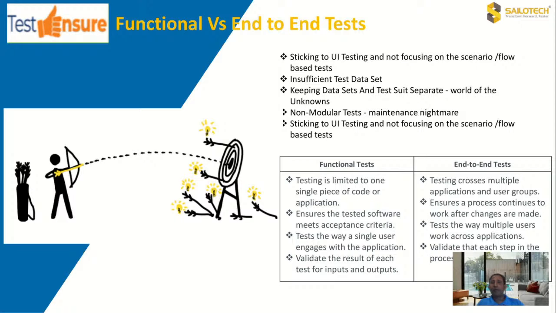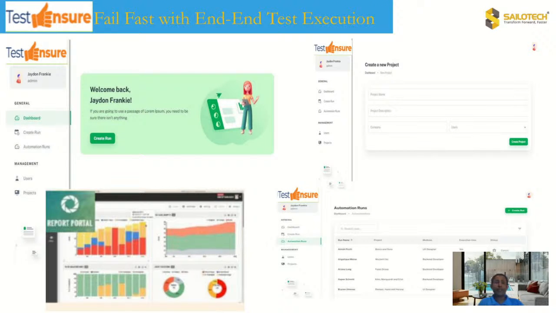We have covered basically what end-to-end testing is, why it is required, what the benefits of end-to-end testing are, and why it is so important. And in order to achieve end-to-end, we have to fail fast and make sure the application is working, right?